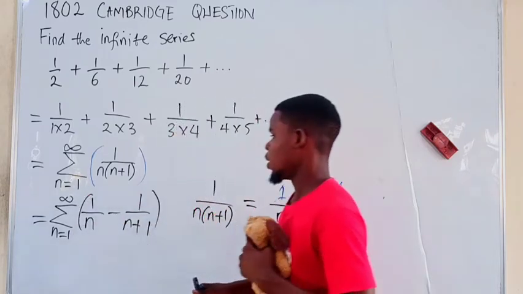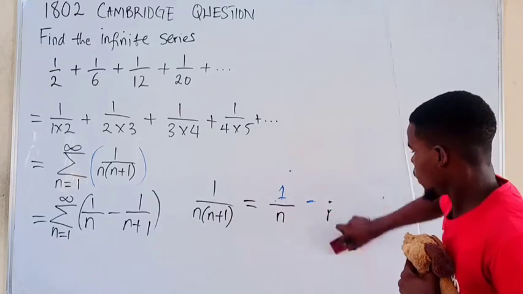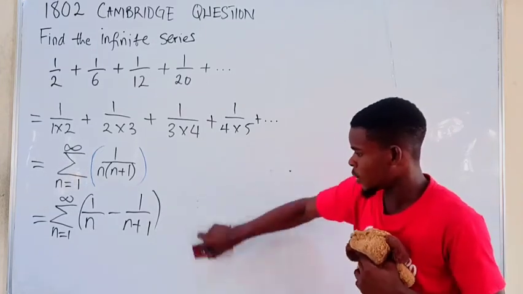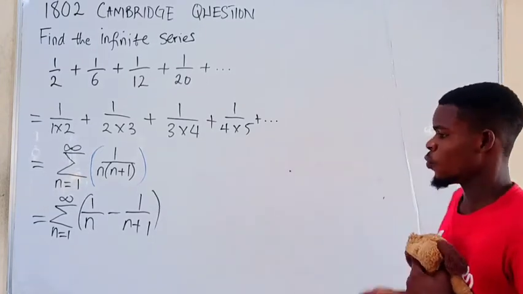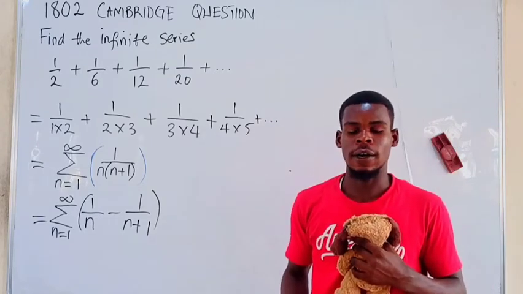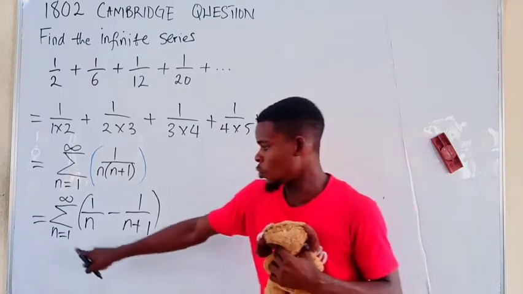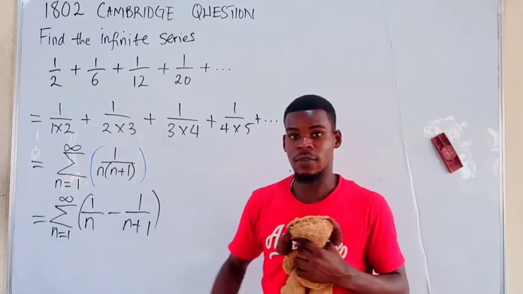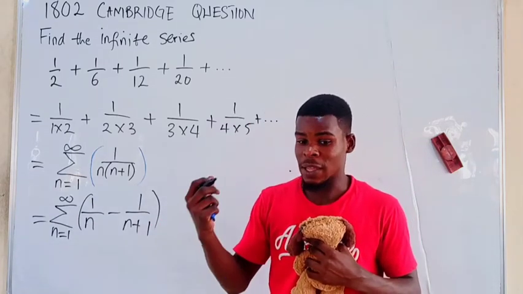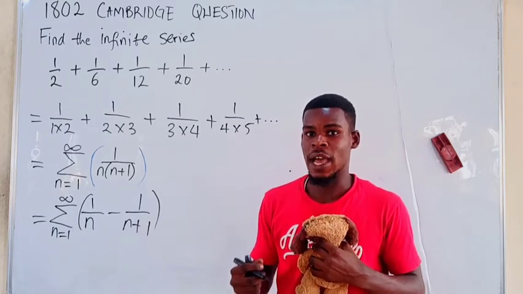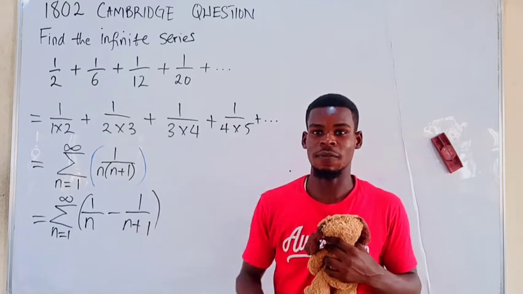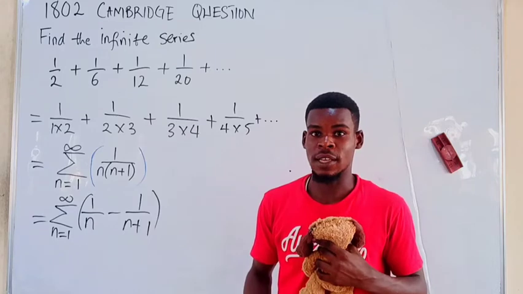Good. Now that we've got that, that is very nice. Now to figure out what the sum will be, we need to look at a partial sum. By partial sum, we mean we do not want to take the sum from 1 to infinity. Rather, we want to take the sum from 1 to a particular finite number, and then we look at when that number tends to infinity, which will still approximate this series.